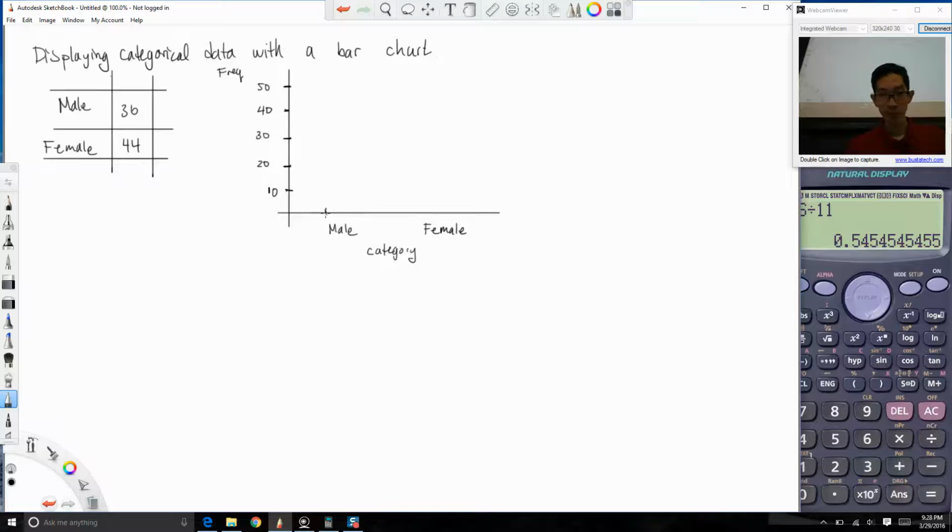We would draw a bar that goes up to 36 and a bar that goes up to 44. And then if we're feeling fancy, we can color this in.